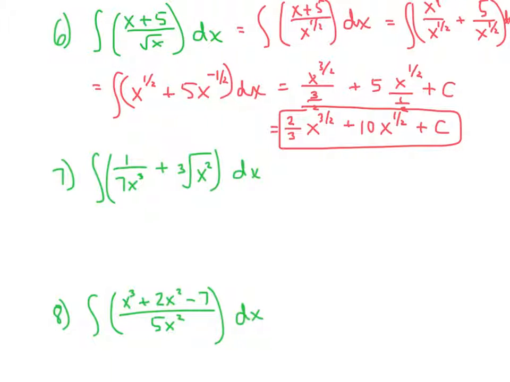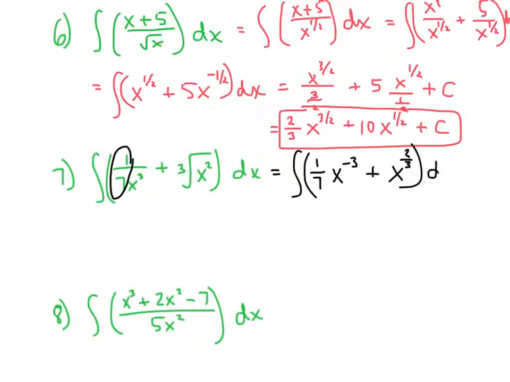Okay, taking a look at number 7, the integral of 1 over 7x cubed plus the cubed root of x squared dx. Okay, so again, take a second to rewrite it. The integral of, here is your constant, so 1/7 x to the negative 3 plus x to the cubed root of x squared, which would be the exponent x to the 2/3, and then dx.